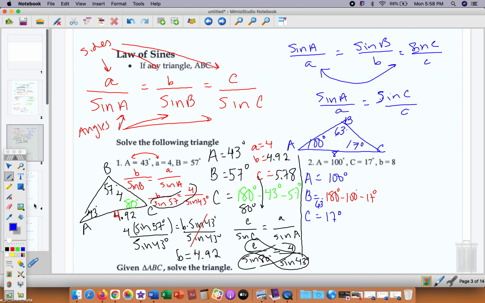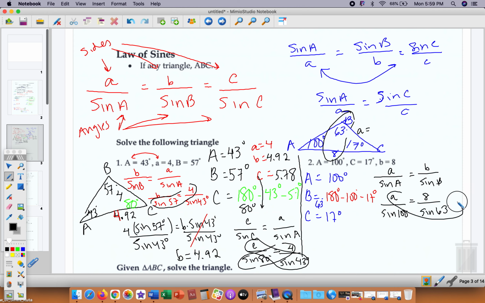Now we're going to try to find the sides. It doesn't matter which I try to find first. Let's say I want to find little a. If I want little a, I need to use a over sine A, and let me work with something that I have. Right now I have angle B inside B, so I'm going to use little b over sine of B. So we'll have little a, which we don't know, over sine of angle A, 100 degrees, is equal to little b, 8, over sine of angle B, 63.